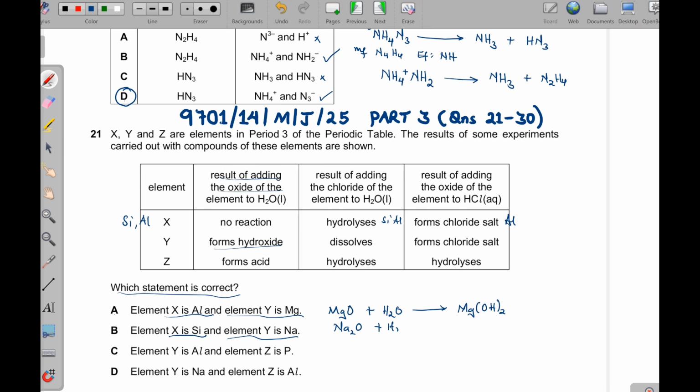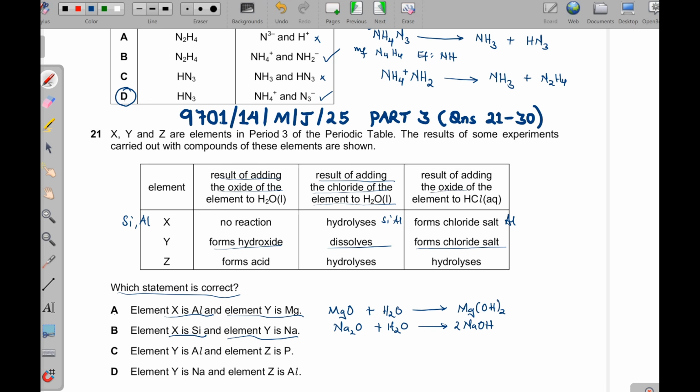When we add water, we shall get sodium hydroxide, and we need to put a 2 there. Then they're saying result of adding the chloride of the element to water, this one dissolves. Yeah, when we add the chloride to water, indeed they dissolve. Sodium chloride, you put it in water, it just dissolves, the same as for magnesium chloride. That is true. Then forms a chloride salt.